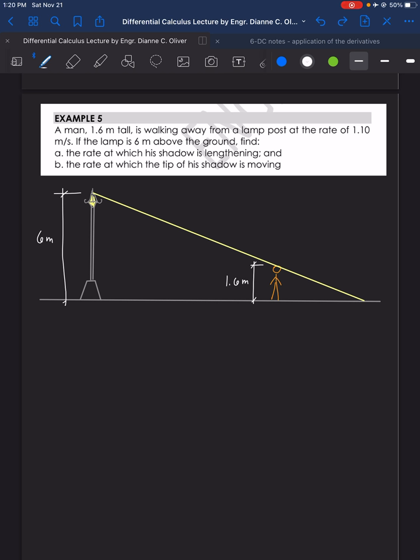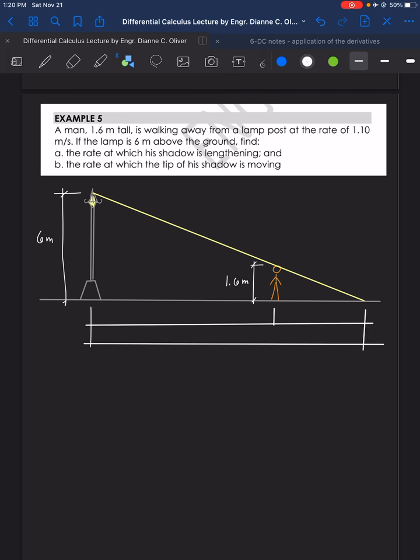Now, let's put here a variable x. So the distance traveled by the man is x.